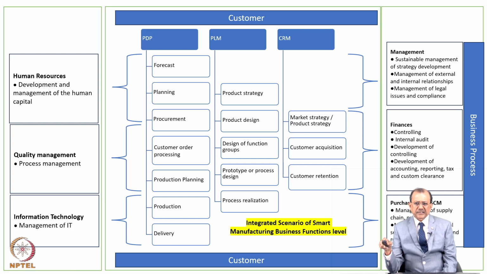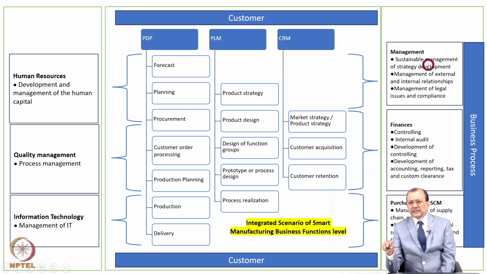In conventional manufacturing, we try to do all these things manually, or not in a connected manner. But here, once you have the connectivity, let me give an example: suppose your CRM system is connected with your sustainable management of strategy development. You are trying to make the strategy, and you can see what is happening at the customer site.